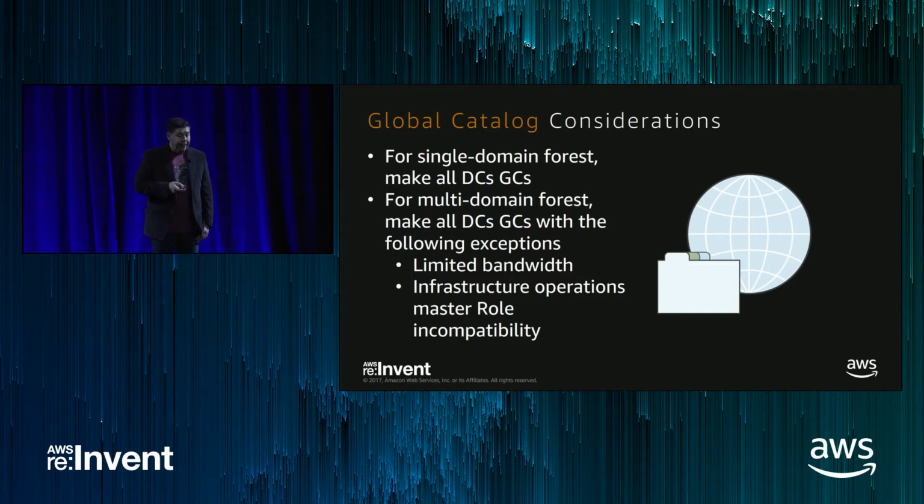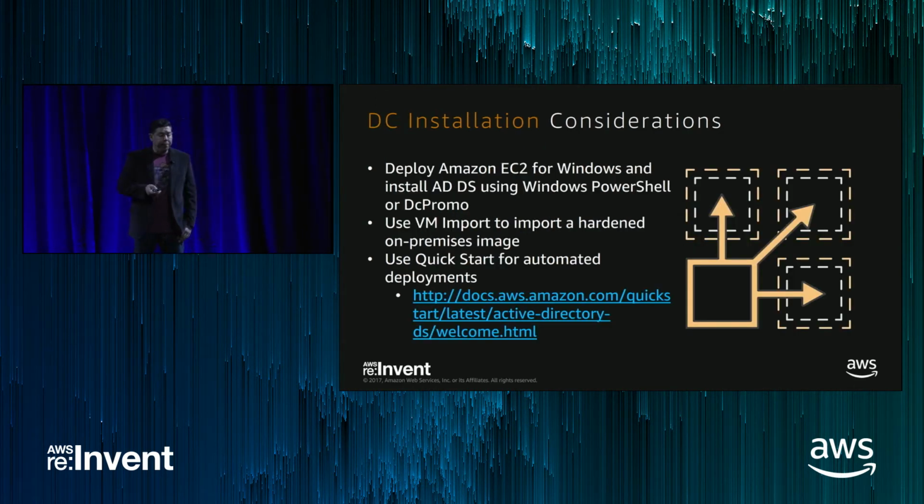Perhaps you're using VPN or something, but still, in that case, you could leverage global catalogs. Bandwidth is not necessarily one that affects many deployments, but the infrastructure operations master role is something to keep in mind in making sure that you set up those global catalogs appropriately so that there's no incompatibility there.